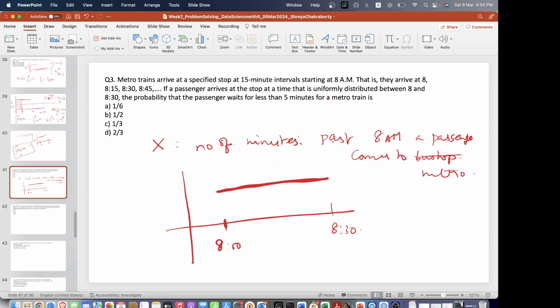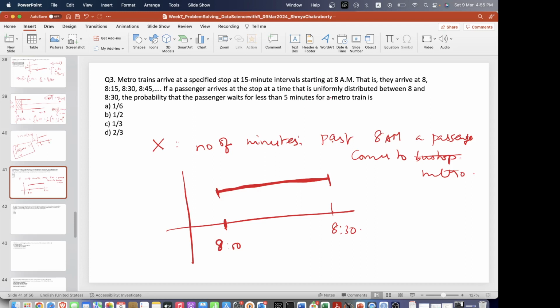So x is actually arrival time, so the person can arrive any time between 8 to 8:30. Okay, and the probability that he has to wait for less than 5 minutes for a metro train.